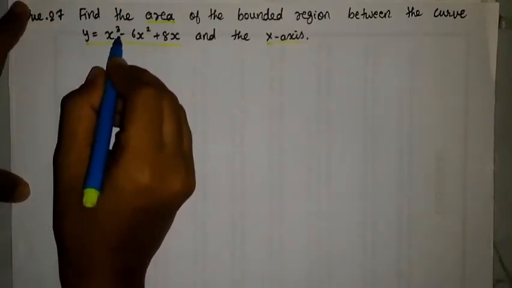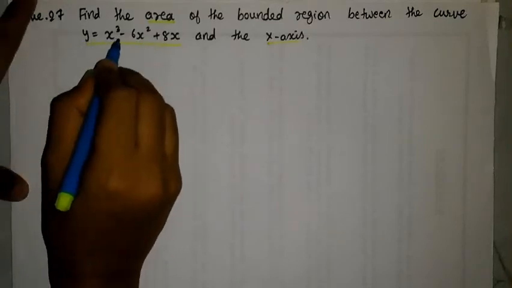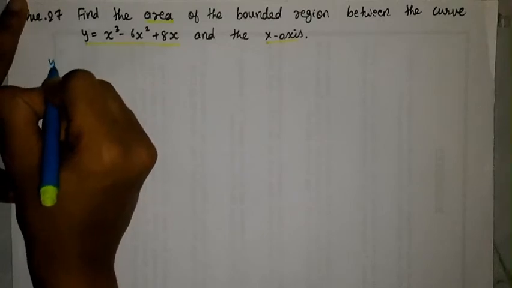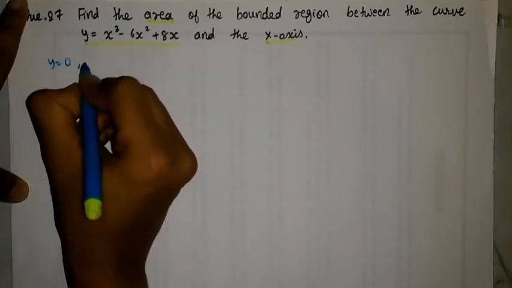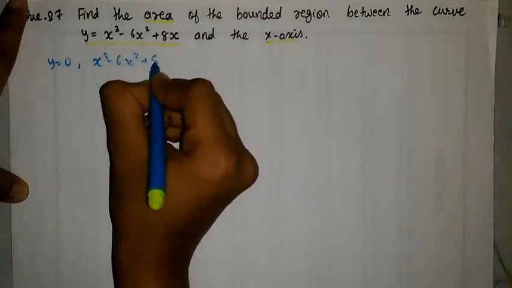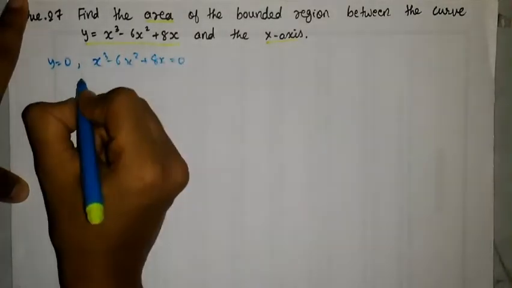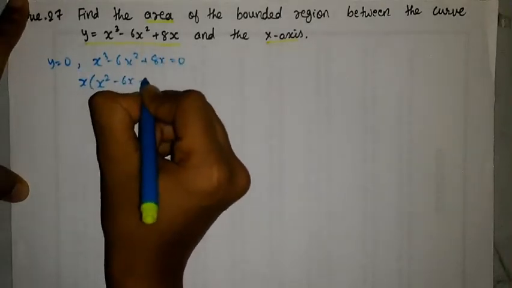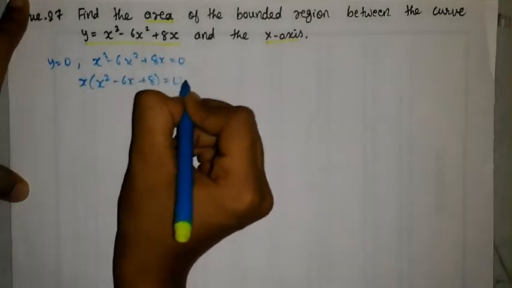For that, let's find the points where it will intersect the x-axis. So for that, let's put y is equal to 0. When we put y is equal to 0, we get x cube minus 6x square plus 8x is equal to 0. Take x common, so we get x square minus 6x plus 8 is equal to 0.